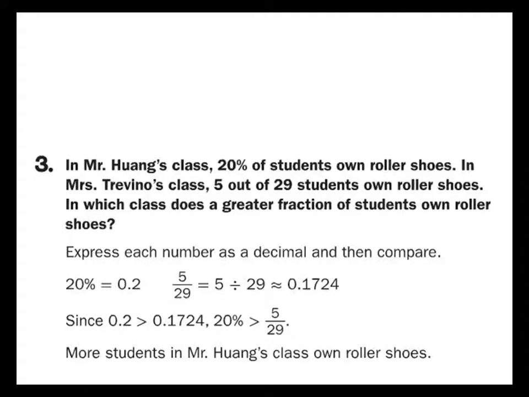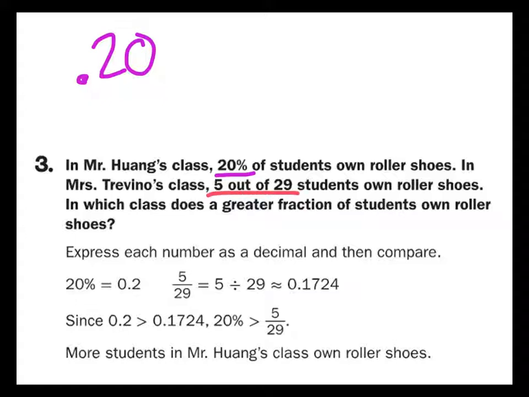All right, here's another example. This is a word problem, which you guys love and enjoy. We want to know which class has a greater fraction of students that own roller shoes. In Mr. Huang's class, it's 20%. What is 20% as a decimal? 0.20. Now look at Miss Trevino's class.